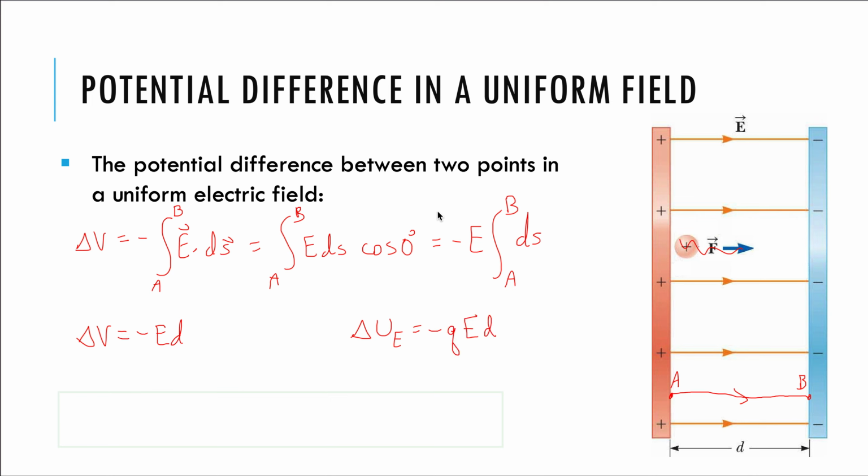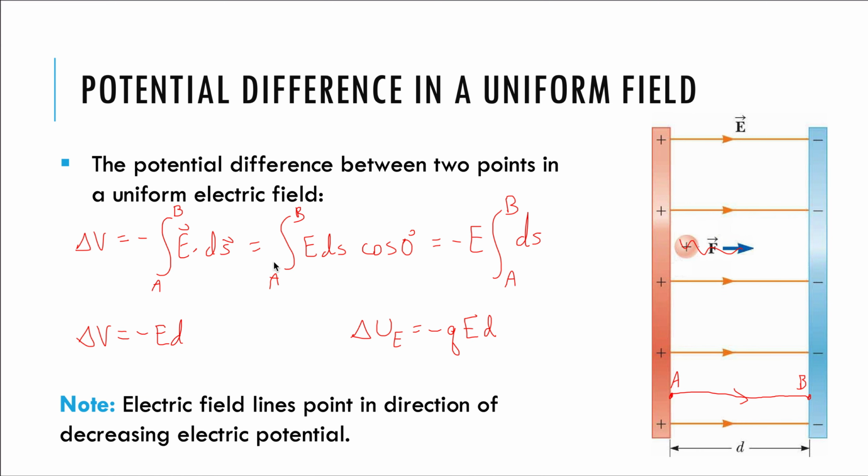So no surprises here. And then the next thing I wanted to point out is that we do have a negative. I could have pointed that out in the previous slide as well, but we do have a negative, and that is significant. It reminds us that the electric field lines point in a direction of decreasing potential.